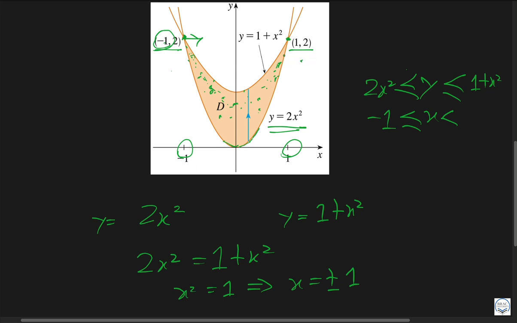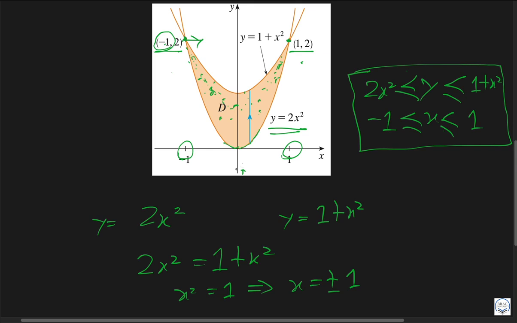Then it must not exceed plus 1 over here, otherwise the point will lie outside this region, so it has to be less than or equal to plus 1. Now this is a logical way of finding a type 1 domain. However, there is a much easier way.